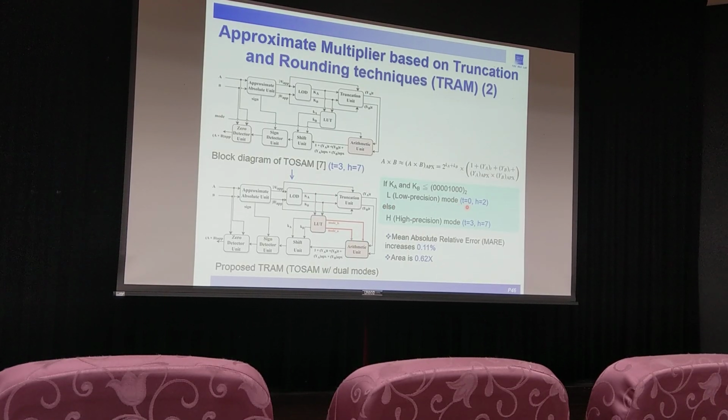So we select T equal to 0 and H equal to 2. If Ka and Kb are larger than this value, we will transfer to high precision mode and select the same T and H as the related work. With this method, the error increases by about 0.11%, but the area is reduced to 62%. We can reduce many areas.